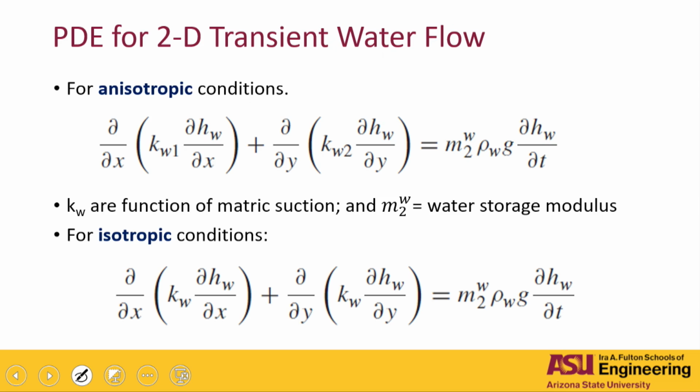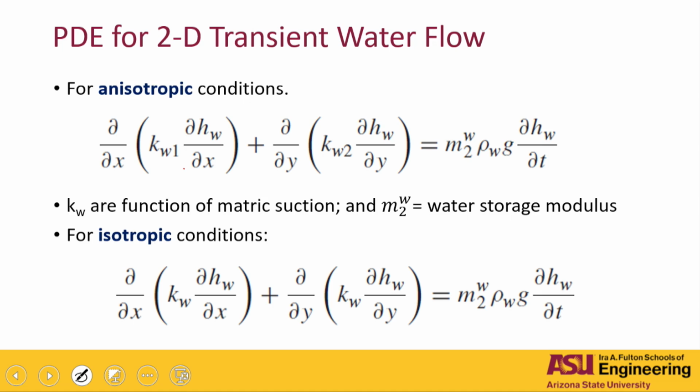And those values are a function of the matrix suction, as you already know. And this value is what we call the water storage modulus, or water storage capacity. For isotropic conditions, you're going to have this value and this relationship, because it's a function, and these ones are the same, right?